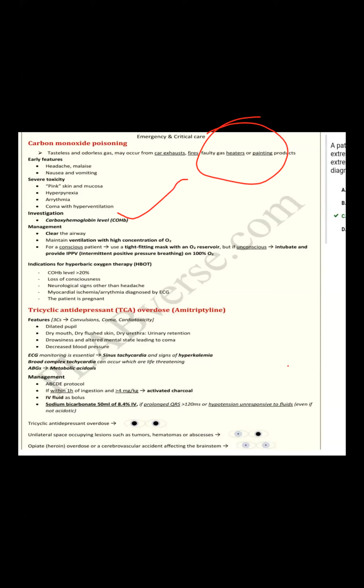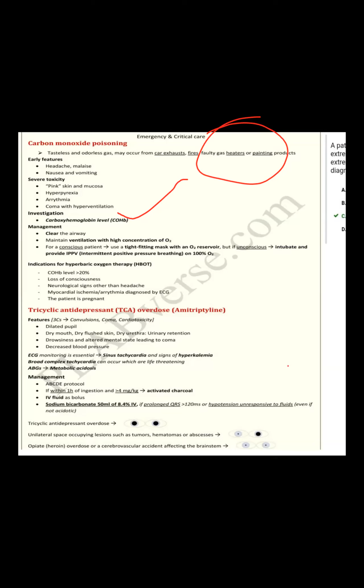If they say I have a headache, my wife and my children have a headache, it means they were in a house with a fire, or in a place like a car garage, or with a gas heater, or painters' products. Or they may give only one clue, like the patient is a businessman whose business is paint related. These are the clues to identify carbon monoxide poisoning.